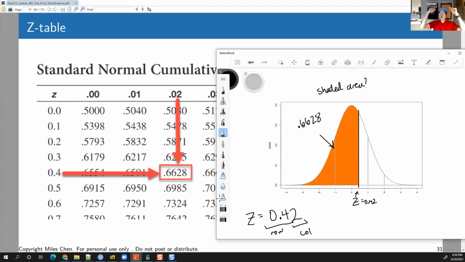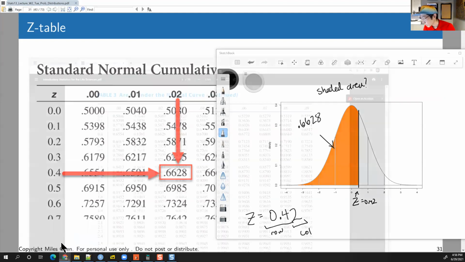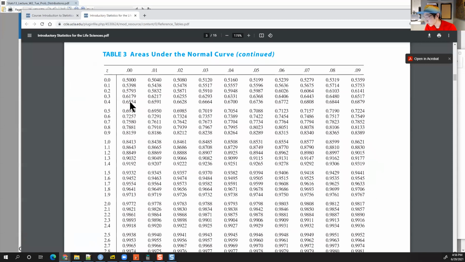They could have done one table with one string of values, 0.40, 0.41, 0.42, 0.43, but rather than that, they rearranged this in a grid. So you go to the row 0.4 for the tenths place, and then the hundredths place is in the column 0.02. I hope that answers that.